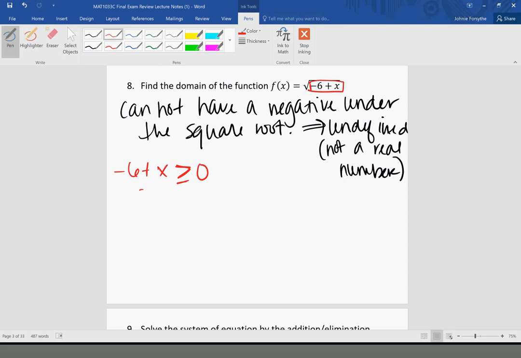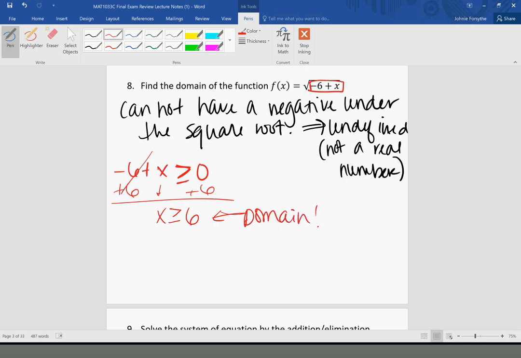So let's figure out when this would happen, and that's going to be our domain. To start solving this, to get x by itself, we're going to add 6 to both sides. So I have x is greater than or equal to 6. So this is the domain.